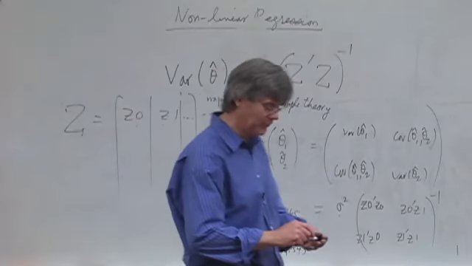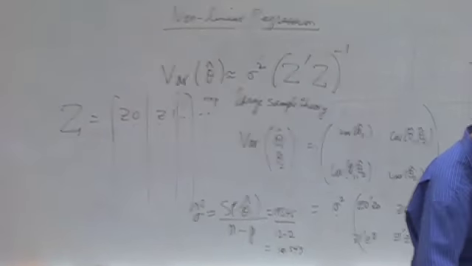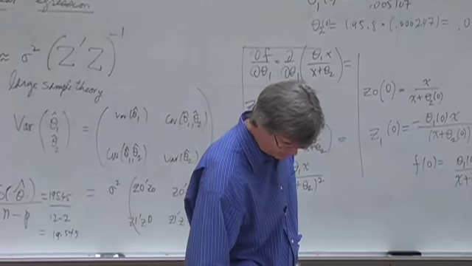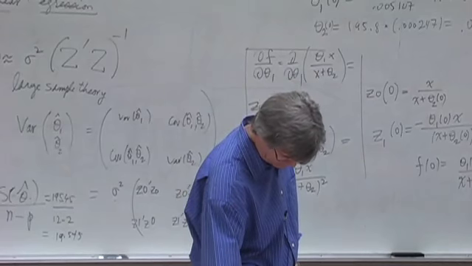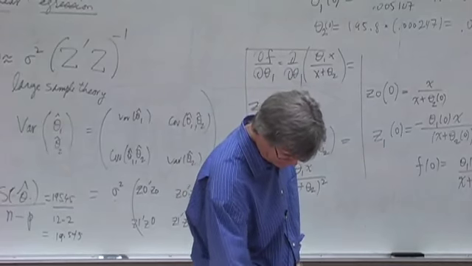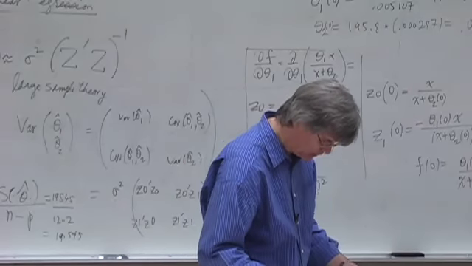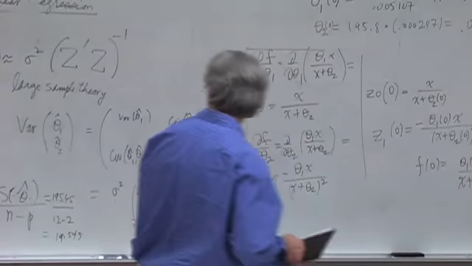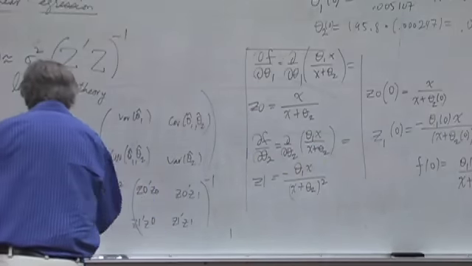Now, one thing I didn't do is actually compute the inverse of this matrix, so you'd have to do that. He did calculate sigma hat squared. Did he actually do the inverse? He did not. I'm sorry, this was 1195.